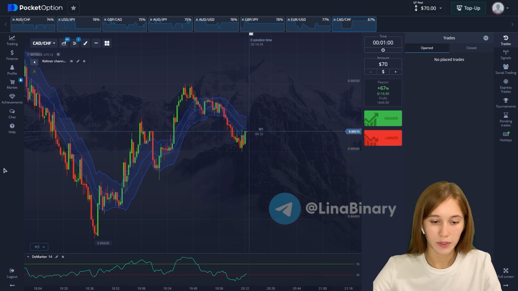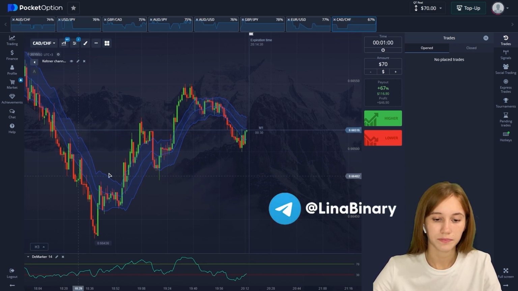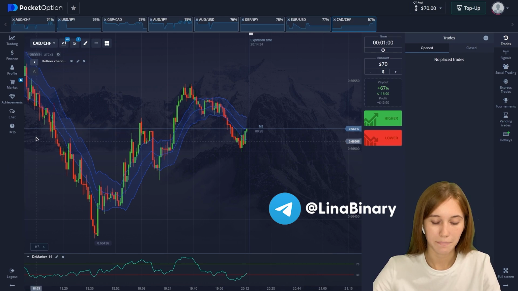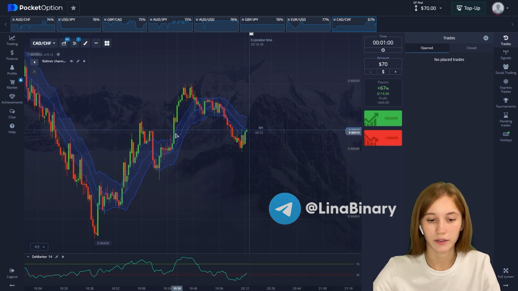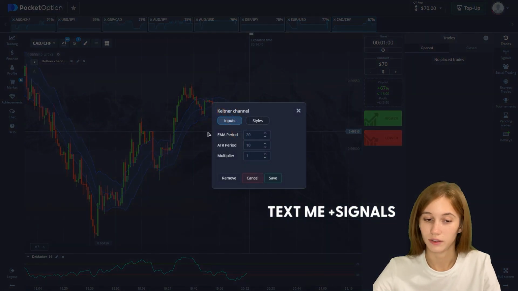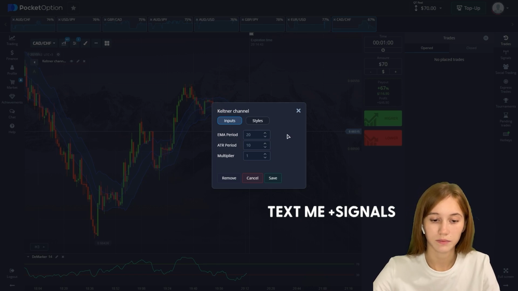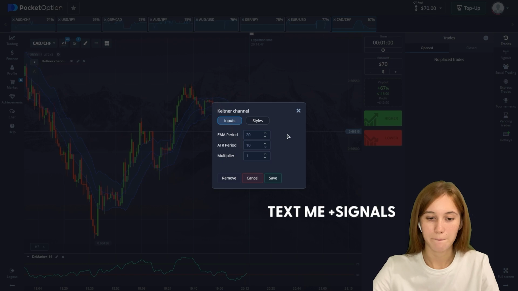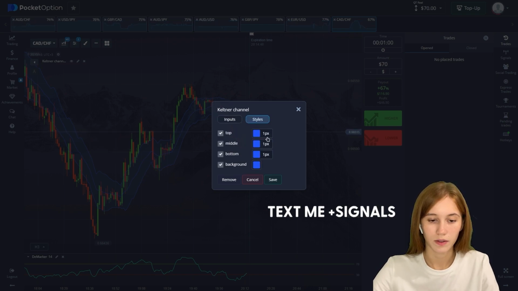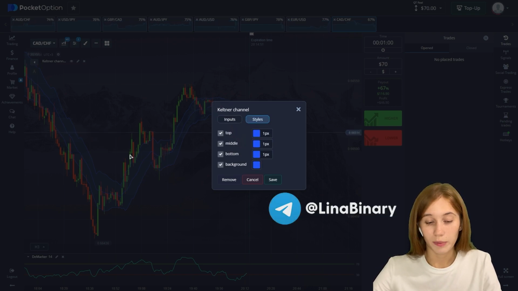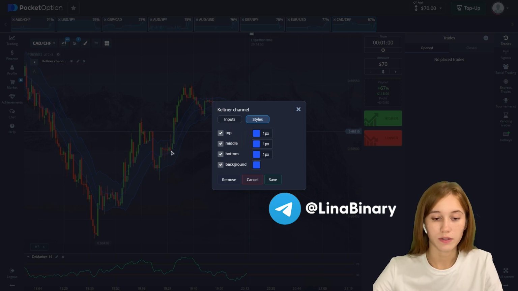So our indicators today, as I said, Keltner channel, it's located on our chart itself, and the settings, you can copy it and use it.